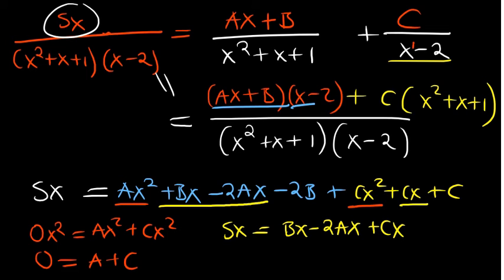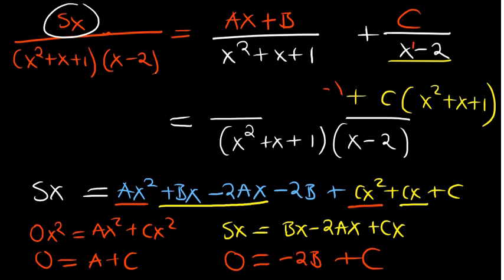And then the parts having a constant, so we have negative 2b. On the left, of course, we don't have any constants, so 0 will represent the constants. Should be equal to negative 2b and then plus a constant c. So we have these three equations that are going to help us.